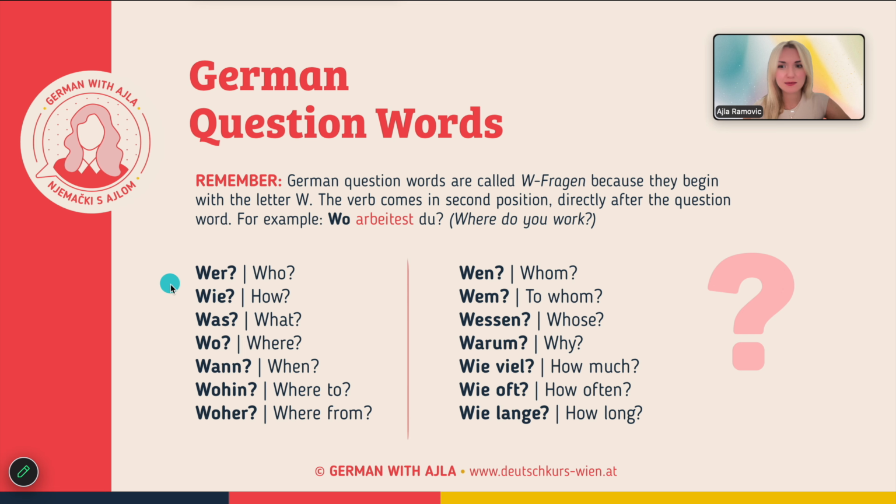Let's begin. Wer, who. For example, wer bist du? Who are you? Wie, how.